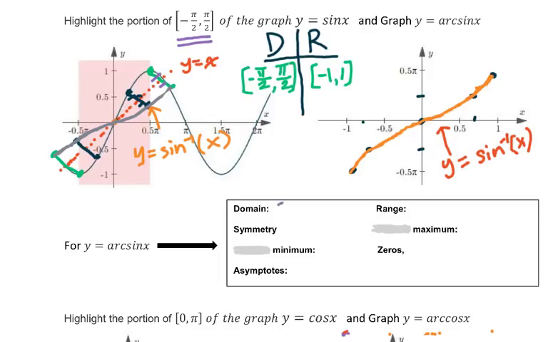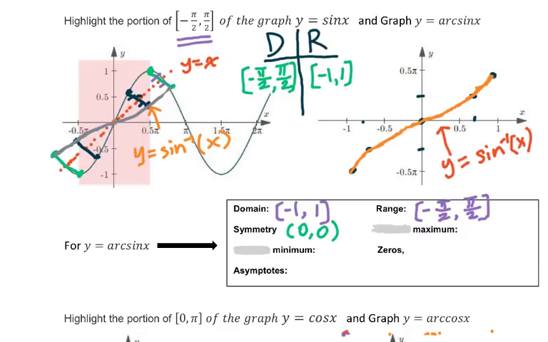Then the domain will be between negative 1 and 1. The range will be from negative pi over 2 to pi over 2. Symmetry: this inverse sine function is symmetrical across the origin, 0, 0.